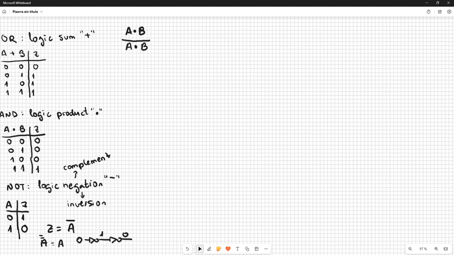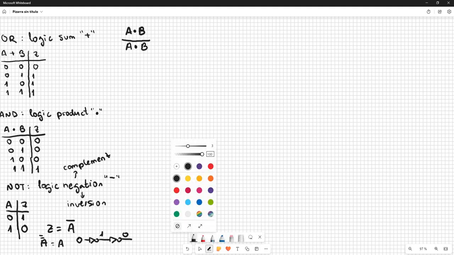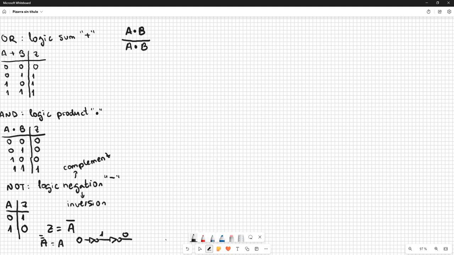So, as I said, we are going to design an NMOS NAND. Now the inputs have to be in series. Remember that to implement an AND, the logic product, we have to put the transistors in series. So the base part is going to be like this. This is an NMOS NAND, okay?